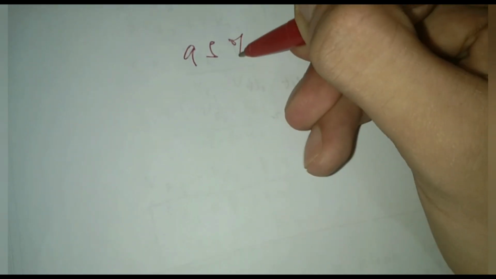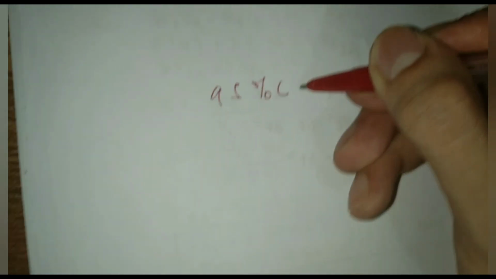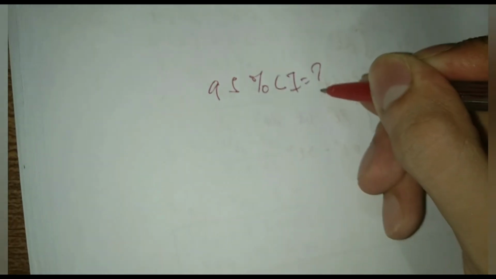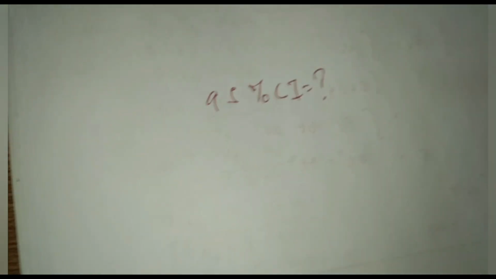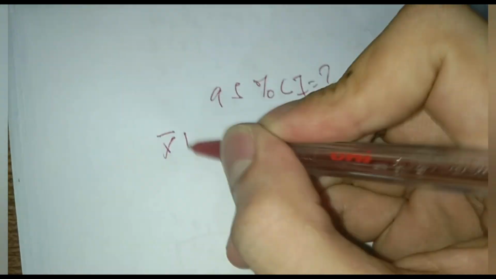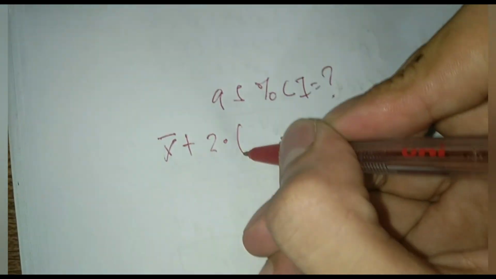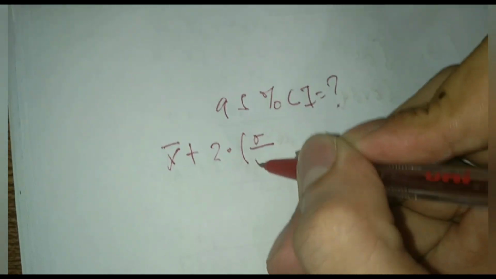Here we find the 95% confidence interval. To get this answer, we use x bar plus or minus z multiplied by the standard deviation over the square root of n.